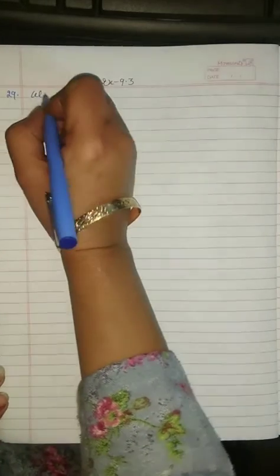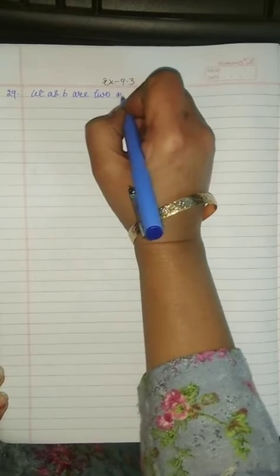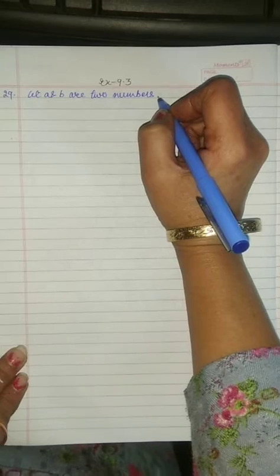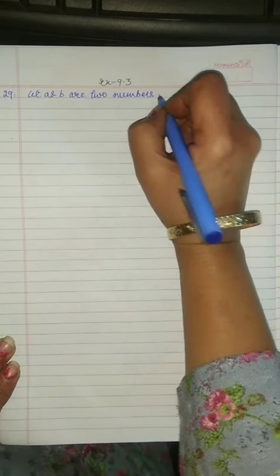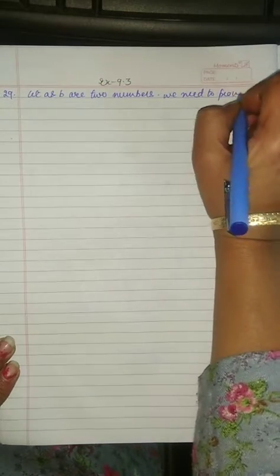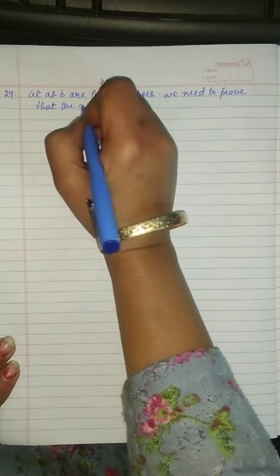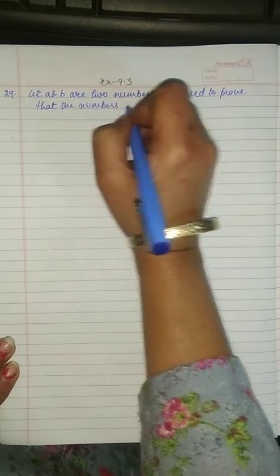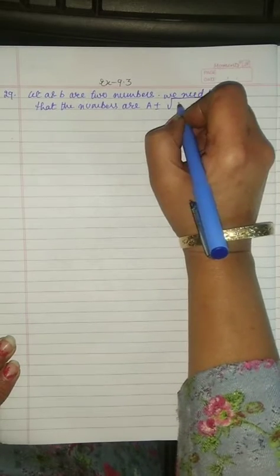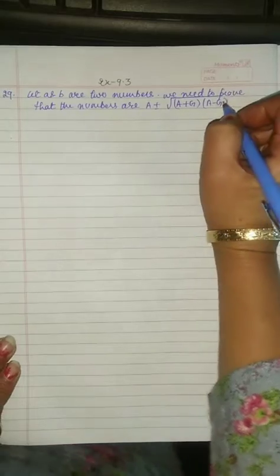So let a and b be the two numbers, and we need to prove that the numbers are A plus minus under root (A plus G) and (A minus G).